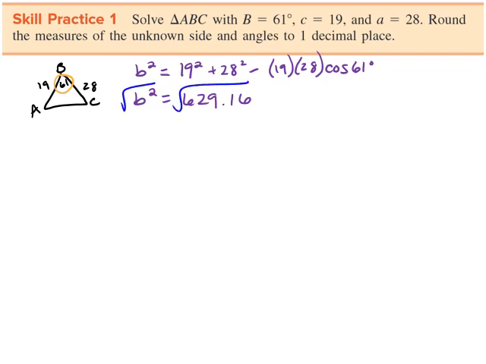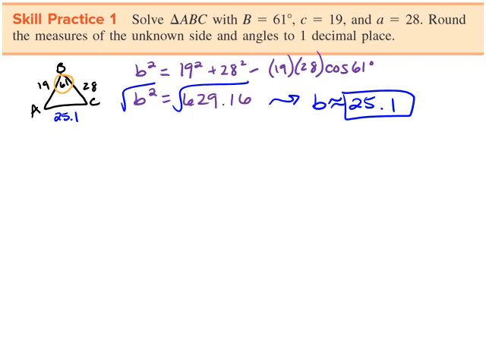We will then take the square root of both sides and find that B is approximately 25.08 or 25.1. Okay, so we have found that this side is 25.1, so I can proceed with either using the law of sines or the law of cosines.